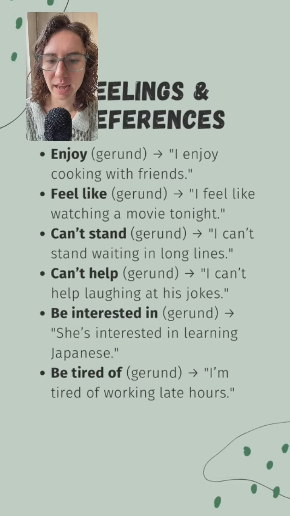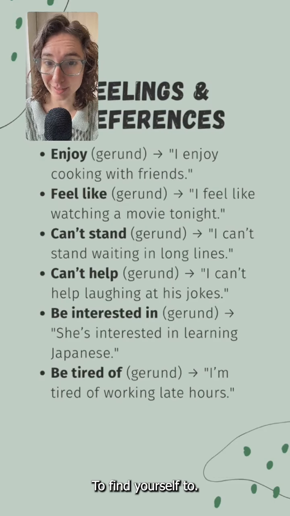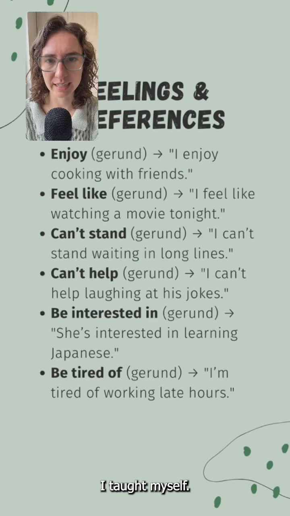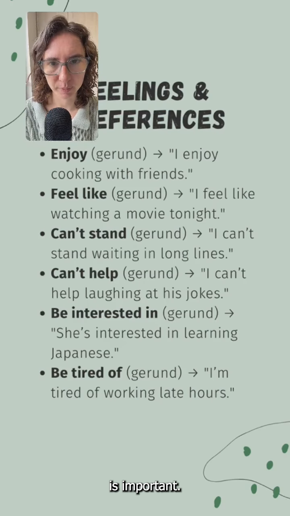So here I have some words and phrases that are connected to feelings and experiences. So after the word enjoy, we're going to use an ing verb. I enjoy cooking with friends.